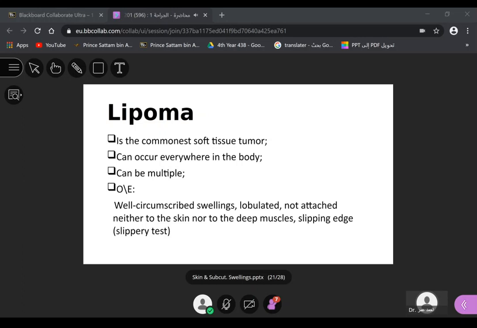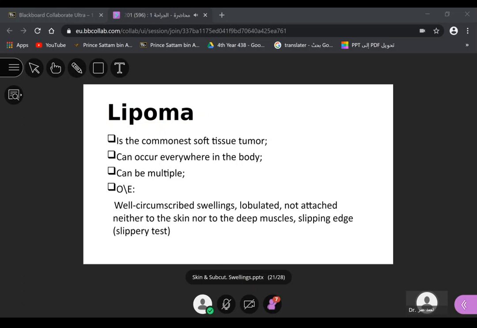So I will repeat this again. When you press on the edge of a lipoma with the tip of your finger, the lipoma might slip beneath your finger, or move away from the tip of your finger. This is known as the slippery test, or we can say that the edge of this swelling is a slipping edge. This is very characteristic of a lipoma.